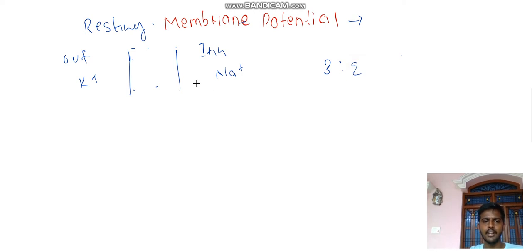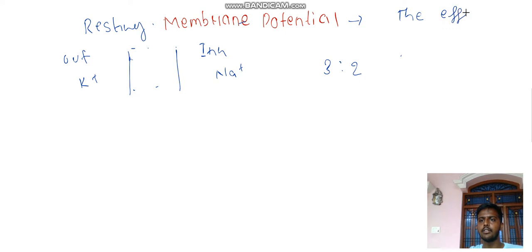So 3 sodium ions efflux outside of the cell and 2 potassium ions influx inside the cell, and the concentration of positive charge is more outside. Sorry, the negative charge is more inside. So due to that, the inner side will be negative. So this causes the cell to be in the resting phase or non-excitable phase. So this is the resting membrane potential.